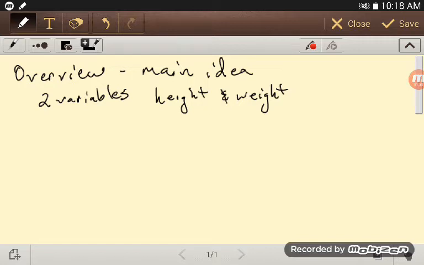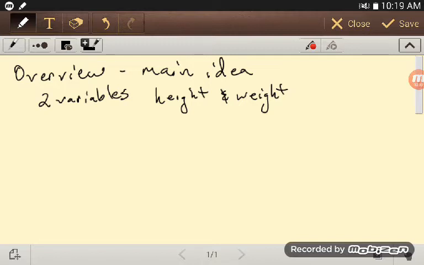Does weight have any relationship to height? And I'm not talking about causing there. Let's be careful also with a word that people like to throw around, correlation. That's actually a very technical word. And so I'm not going to ask at this point in time, are these two variables correlated? I'm going to ask, is there a relationship between them?